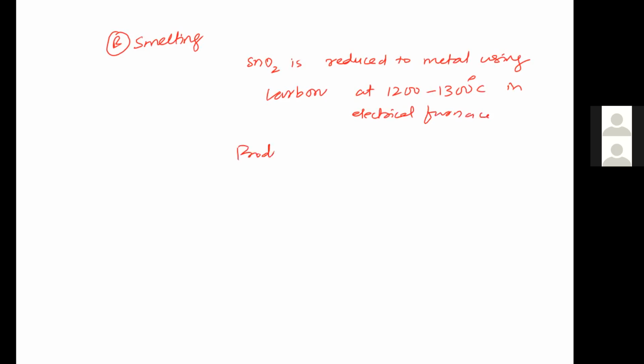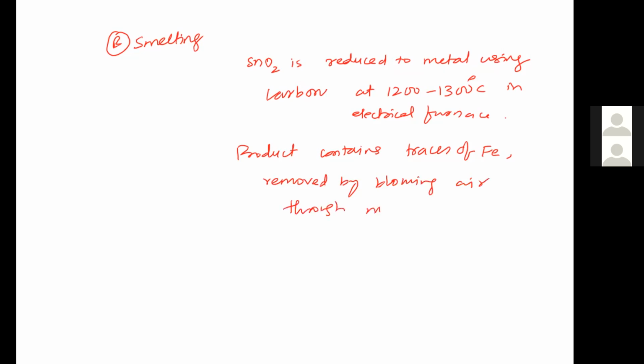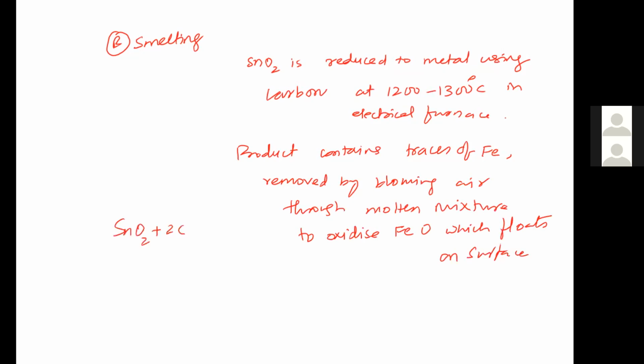The product contains traces of iron, which are removed by blowing air through the molten mixture to oxidize it to FeO, which floats on the surface. So SnO2 plus carbon gives rise to Sn plus CO, and iron plus oxygen becomes 2FeO.